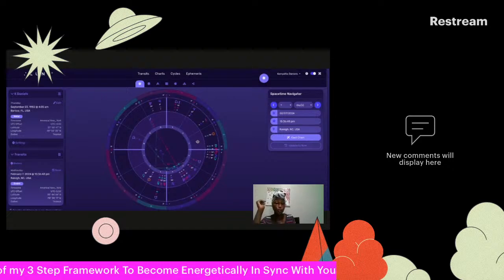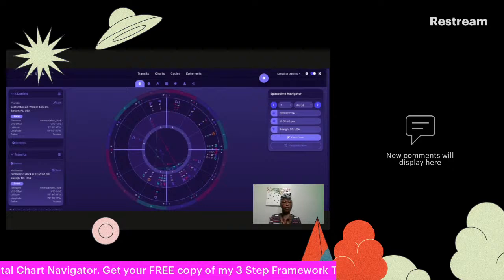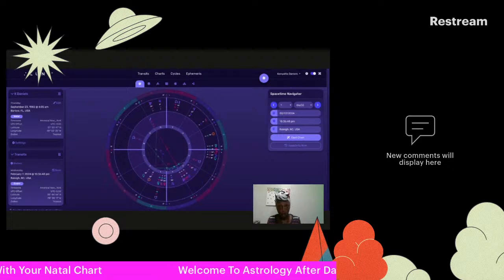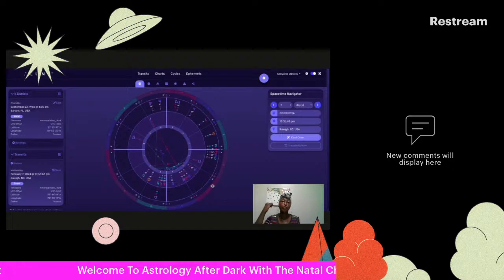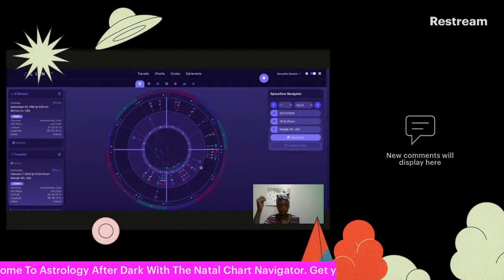Like for example, if these planets were down here in the 5th house, they would be activating my 5th house planets. Okay. And when I say activating, meaning that it can cause some type of a change, or have something happen, give like an energetic boost to my natal placement energies. Okay. And so that's what the transits do.